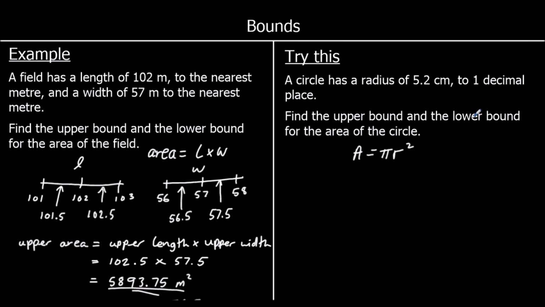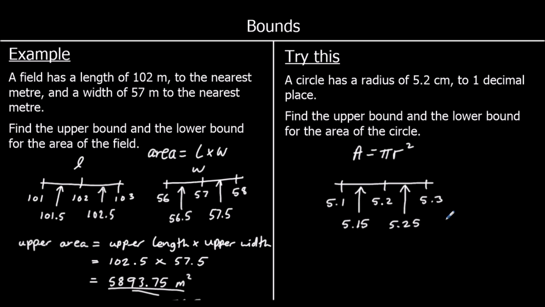And we need to know the upper and lower bound for the radius. So it's been measured at 5.2. The one up is 5.3. The one down is 5.1. So the radius is in between 5.15 and 5.25 centimeters.